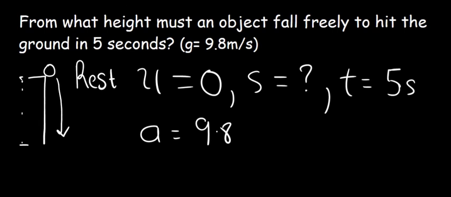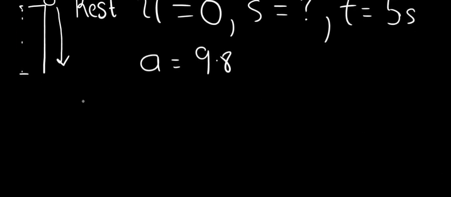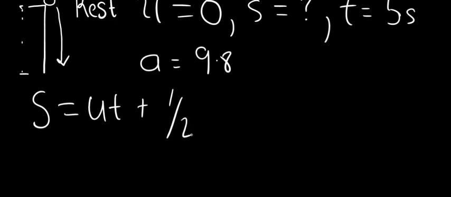So if you look at our variables, which of the variables is not here? The final velocity is not here. I'm going to use the equation that does not contain final velocity. And the only equation that does not contain the final velocity is S is equal to ut plus half a t squared.